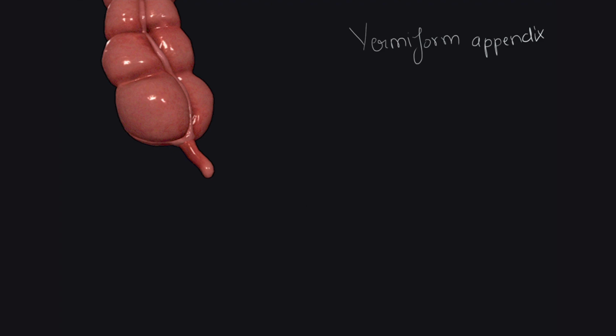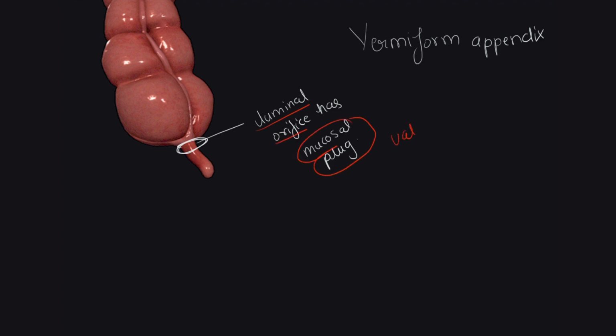So it is a blind tube. That means it does not really have an opening right here. That also means that this other end is quite different from this region. The difference here is mostly seen internally by the presence of the luminal orifice. The luminal orifice has a mucosal plug in it that acts as a valve.